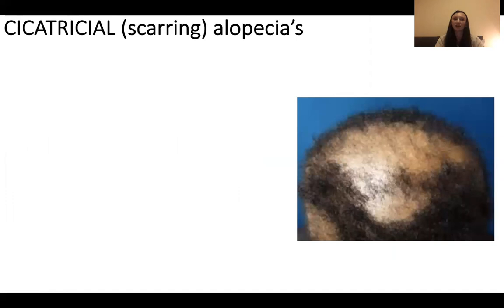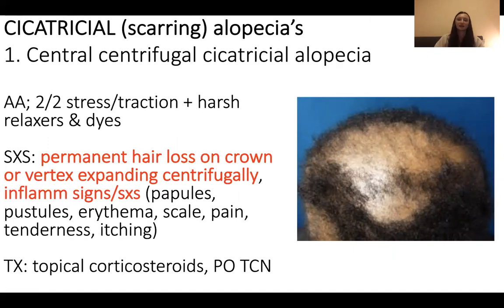Cicatricial, scarring alopecia is going to be alopecia with permanent hair loss on the crown and vertex expanding with inflammatory signs, and it's due to traction or stress, or harsh relaxers or dyes. Constant braiding or weaves sometimes can cause this because of constant traction.